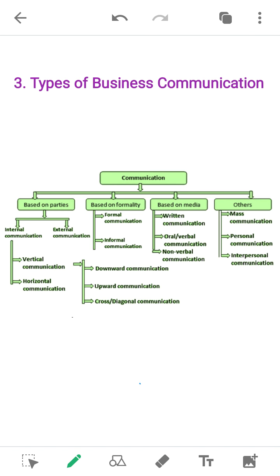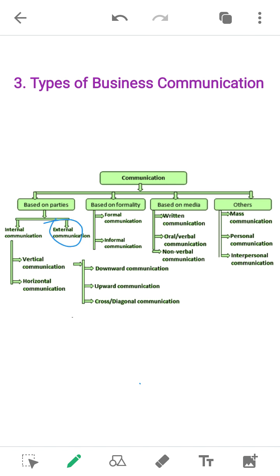Based on parties, there are two types of communication: internal communication and external communication. Internal communication means a communication which occurs inside the organization. When any communication occurs among the employees inside the organization, it is called internal communication.